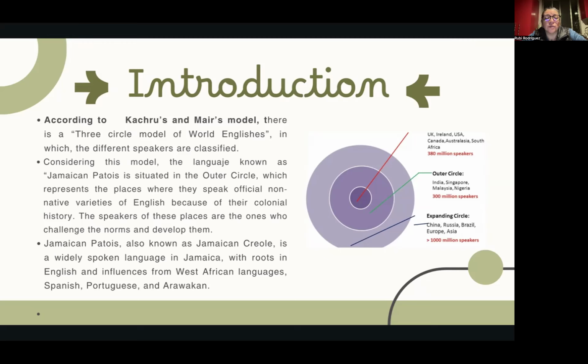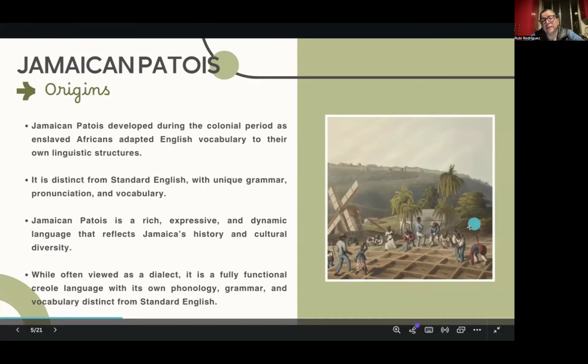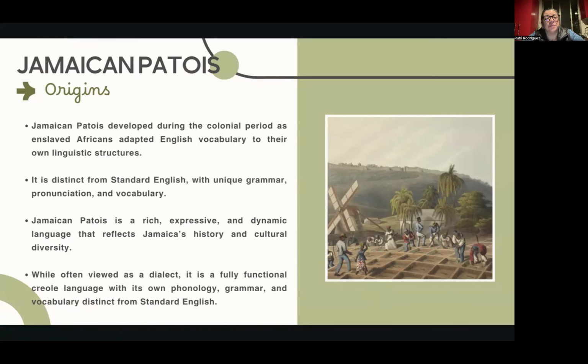Jamaican Patois is also known as Jamaican Creole, and it is a widely spoken language in Jamaica with roots in English and influences from West African languages, Spanish, Portuguese, and Arawakan. We can see here this image about the enslaved Africans who adapted English vocabulary to their own linguistic structures.